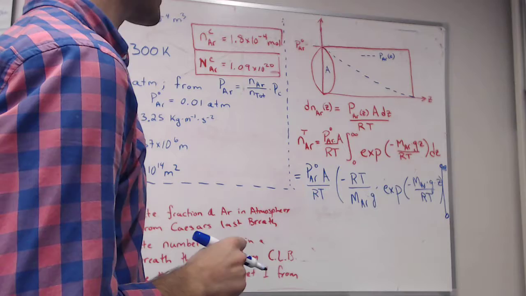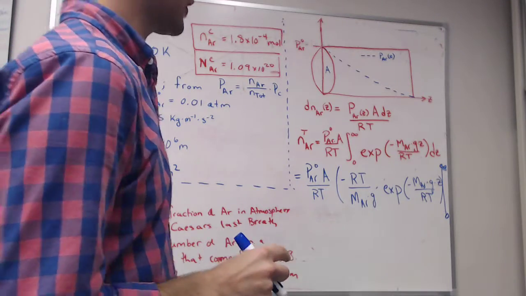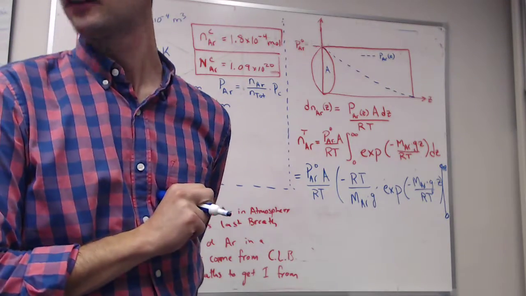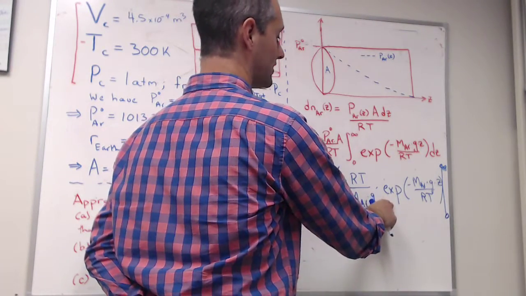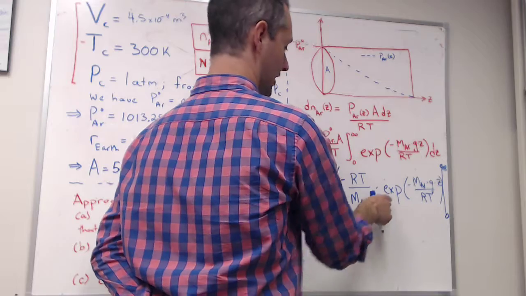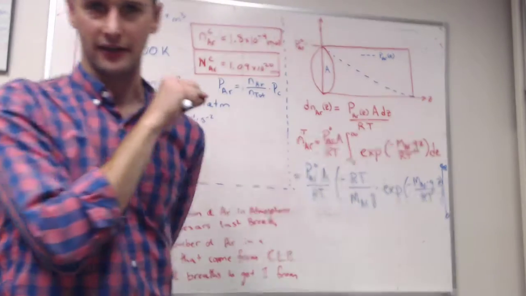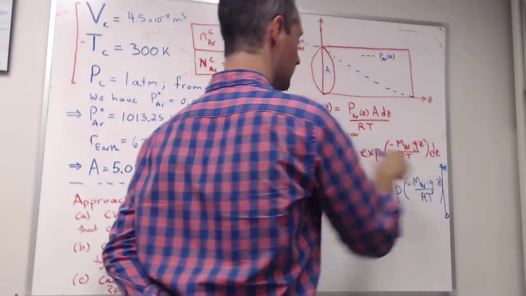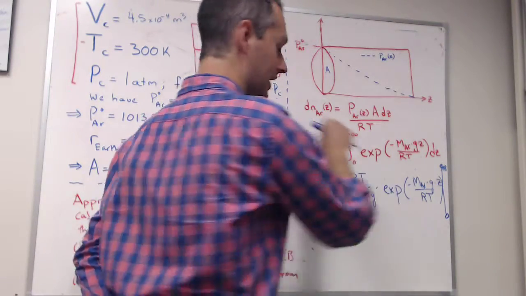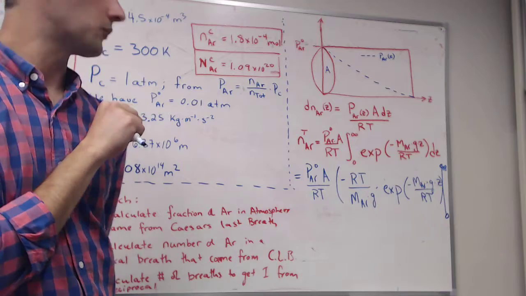What I can realize immediately, if I think about the limits of this exponential, is that when z is equal to infinity, I have exponential of negative infinity, which is 0. When z is equal to 0, I have exponential of negative 0, which is equal to 1.